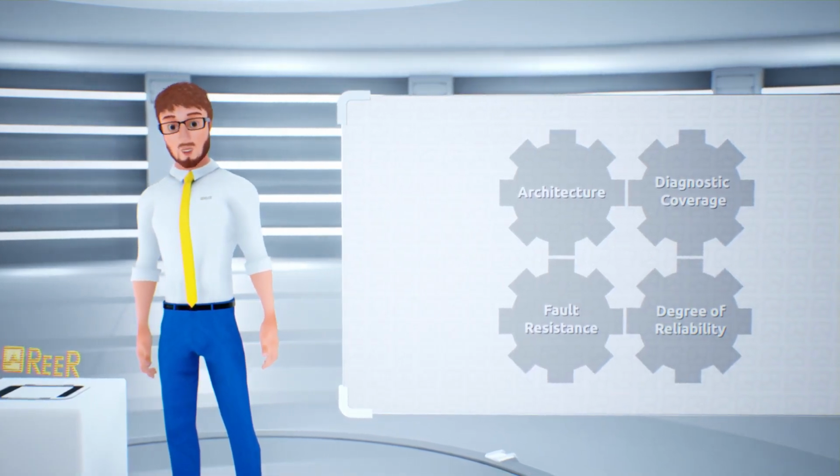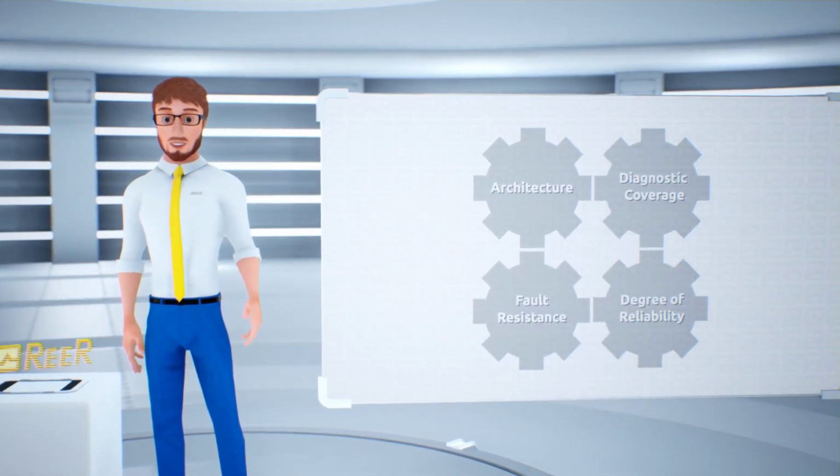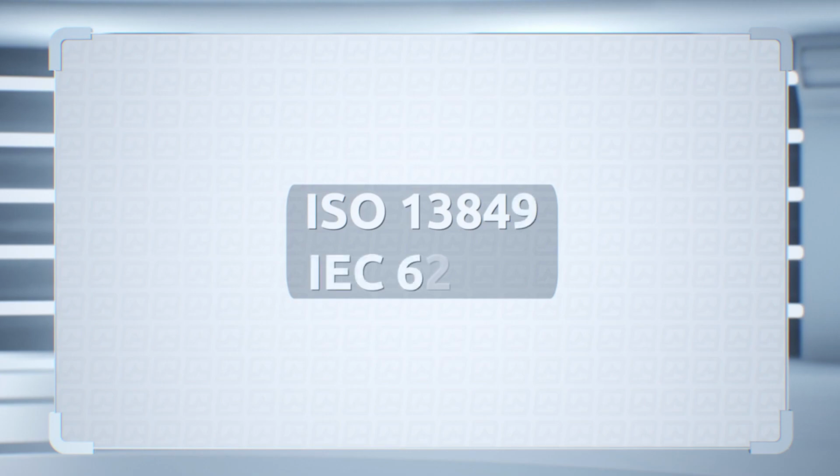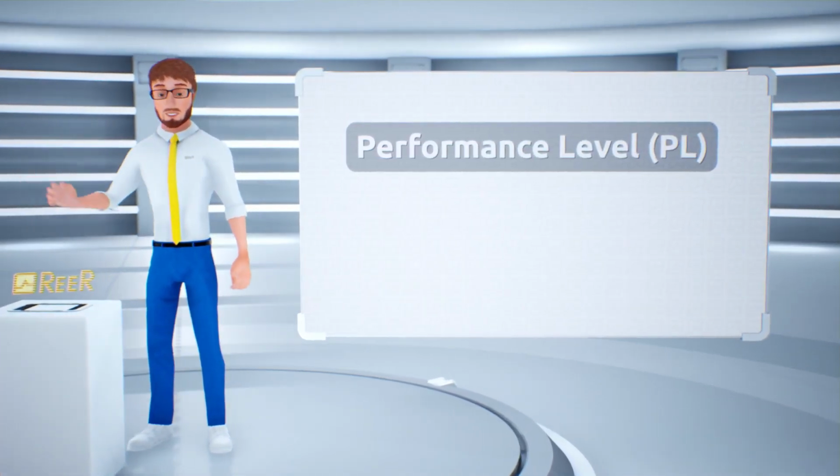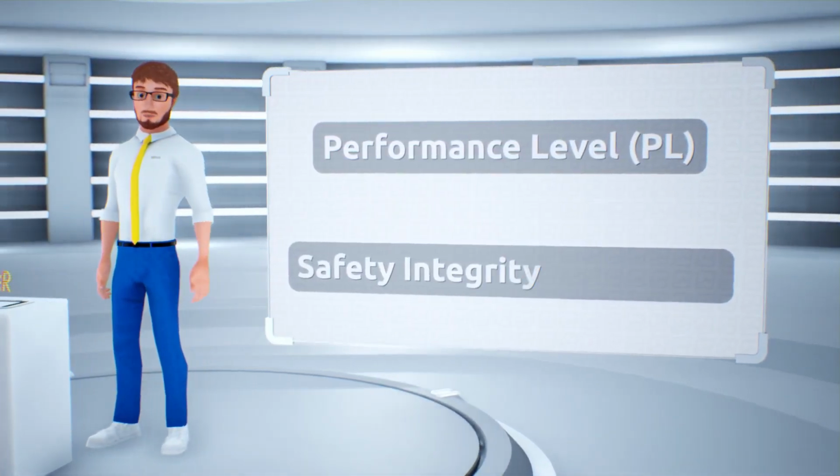The safety performance of a device is calculated according to different standards, including ISO 13849 and IEC 62061, and classified according to performance level (PL) and safety integrity level (SIL).